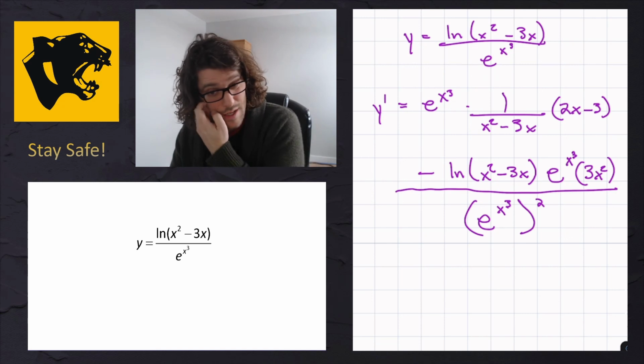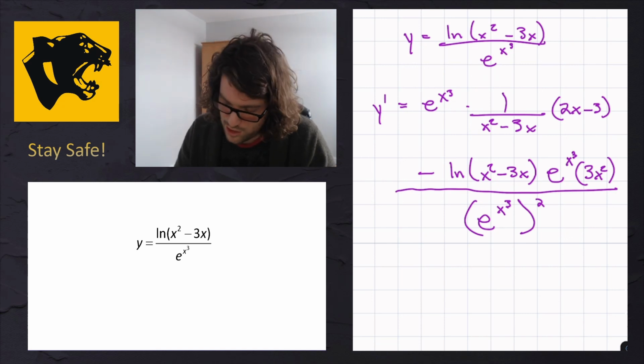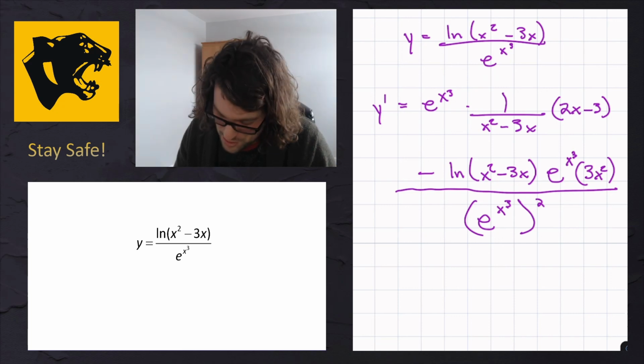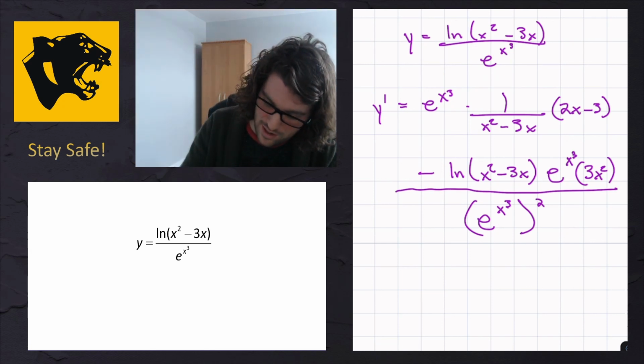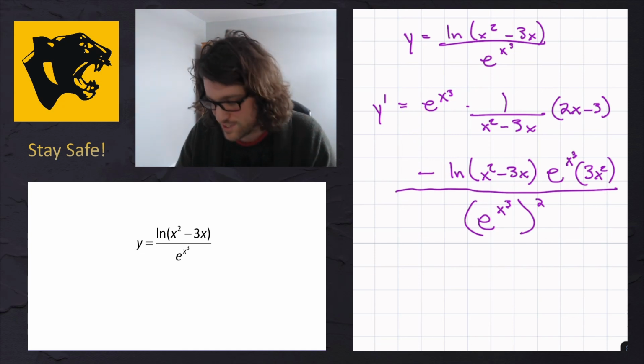We could multiply the exponent in and just get e to the 2x cubed. I think I said x squared the first time. That's e to the x cubed all squared, and it would be e to the 2x cubed. Sorry about that. So yeah, this part here should be all on one line. It kind of is, but it's a bit of a mess there.